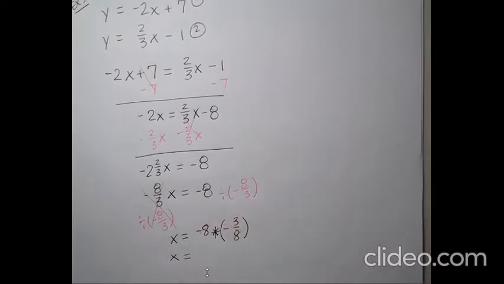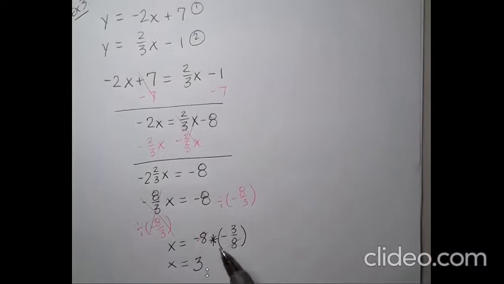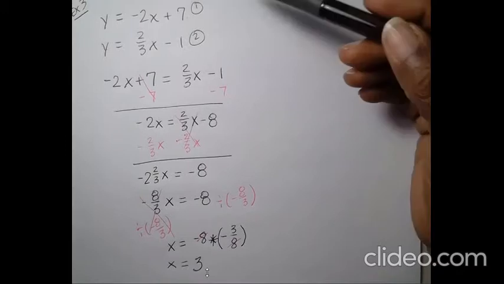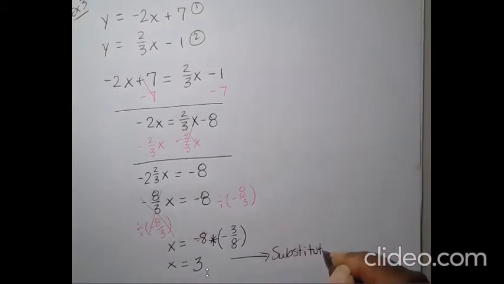Now we can put this back into one of the equations at the top to see what our y value is. It doesn't matter which one we pick, both of these are going to be fairly simple, but let's substitute. I'm going to put it into number 1. That is y equals negative 2x plus 7.